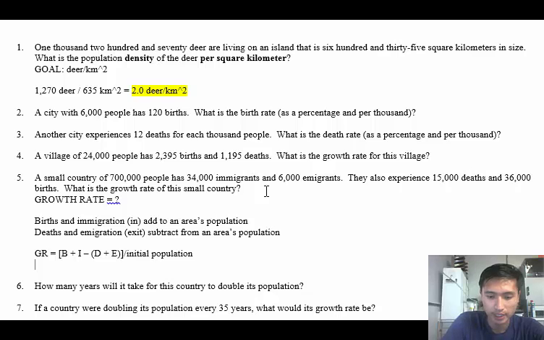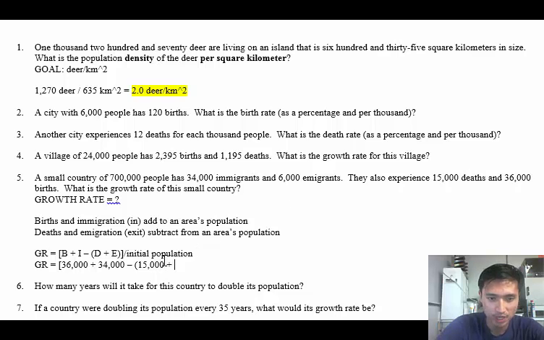So in the case of our small country, all right, we have how many births? 36,000. We have how many immigrants? 34,000. We're going to subtract the number of deaths, okay, which is 15,000.